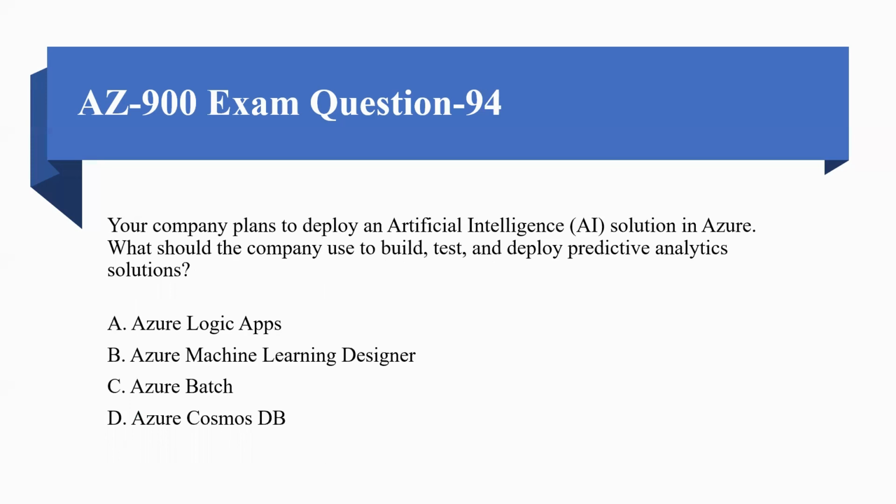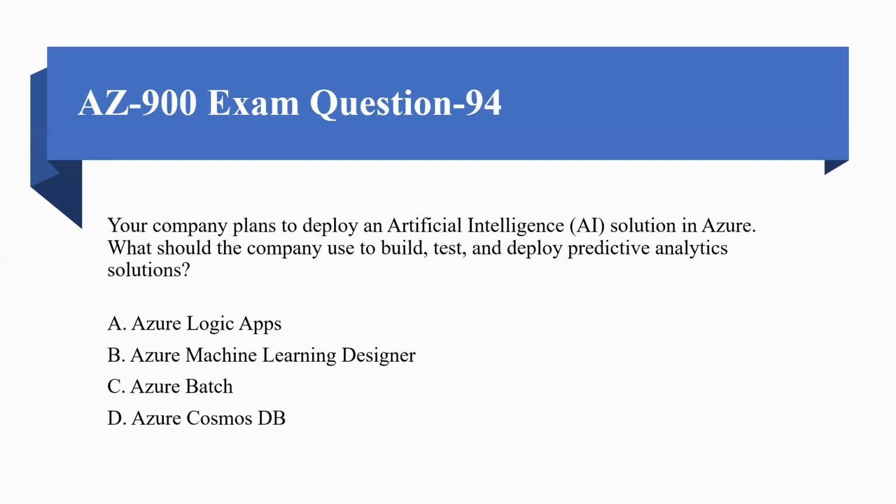Coming to question number 94, your company plans to deploy an AI solution, an artificial intelligence solution, in Azure. What should the company use to build, test, and deploy a predictive analytics solution?